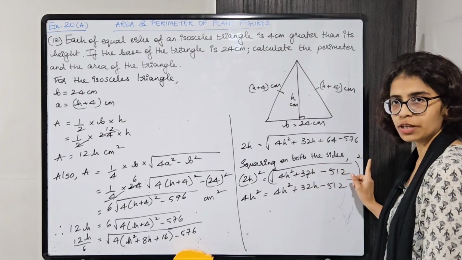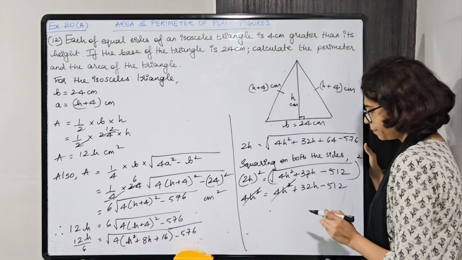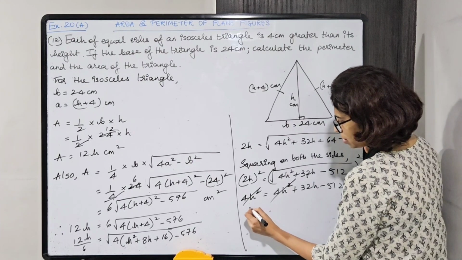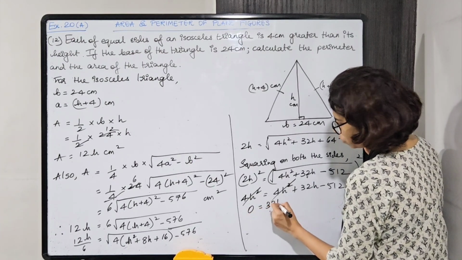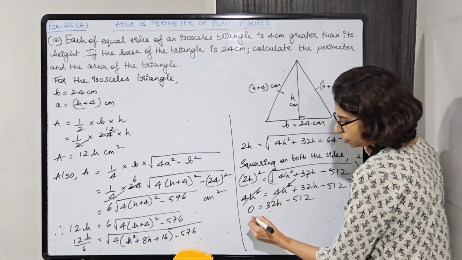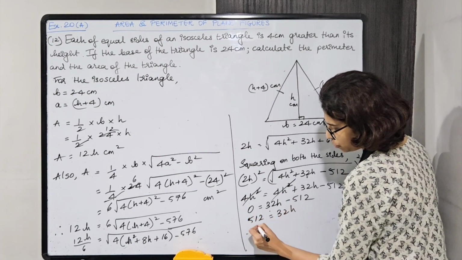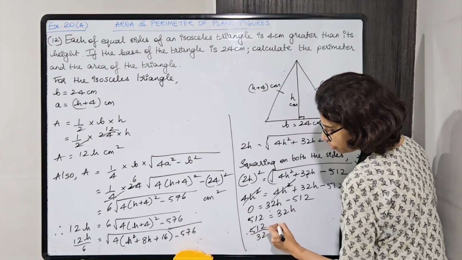So root vanish हो गया. 4h square cancel हो गया. So we are getting 0 is equal to 32h minus 512. Shifting, 512 is equal to 32h. So 512 by 32 is equal to h.